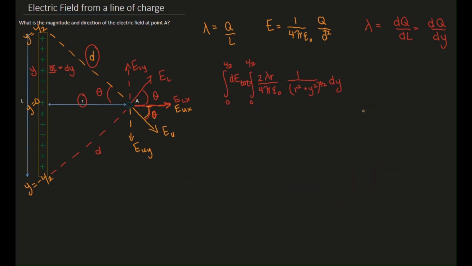All right, so when we integrate this, we're basically just setting it up to say our total electric field is going to be equivalent to, we can pull all our constants out, 2 lambda r over 4 pi epsilon naught, evaluated from 0 to L over 2 of 1 over r squared plus y squared to the 3 halves dy.